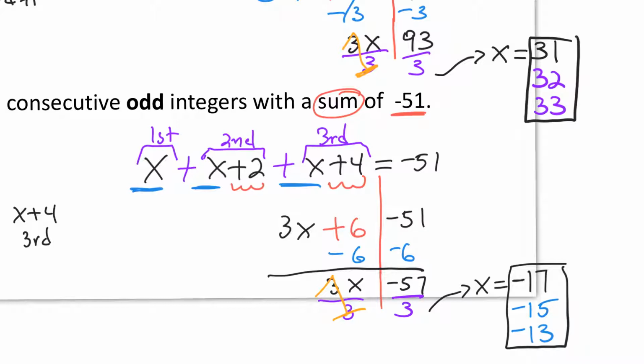Not like this one where you go forward, 31, 32, 33. But you have to pay attention to what we have in the equation. I'll explain it again. If x equals negative 17, then x plus 2, negative 17 plus 2, that's negative 15 right here. And if x equals negative 17 plus 4, well, that's going to be negative 13.